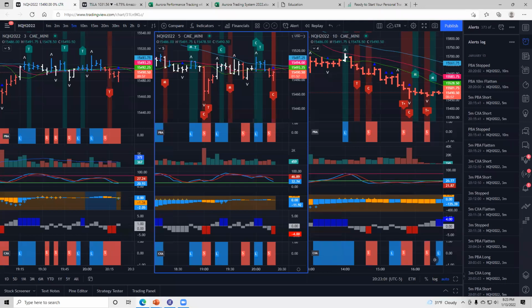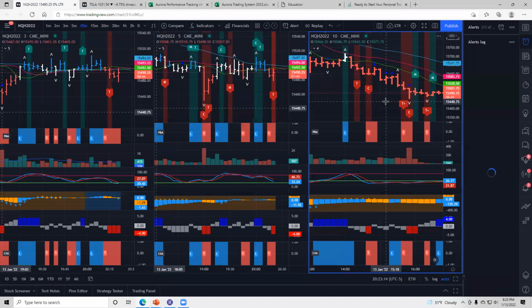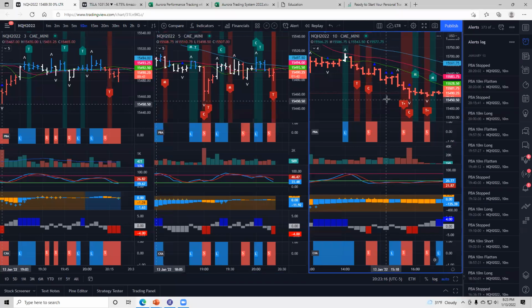So you can set it up that way if you choose. Just my personal preference. I like having the current time frame set up, and then I just roam back and forth between the different time frames.